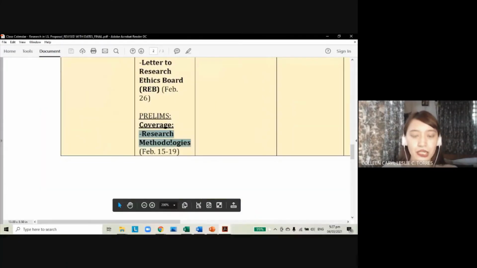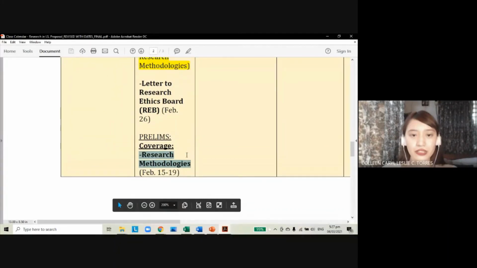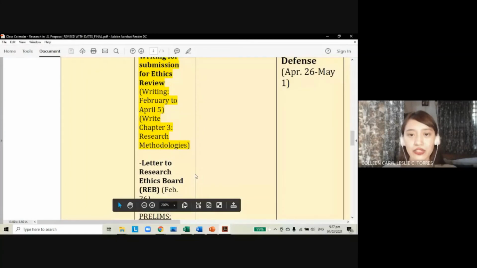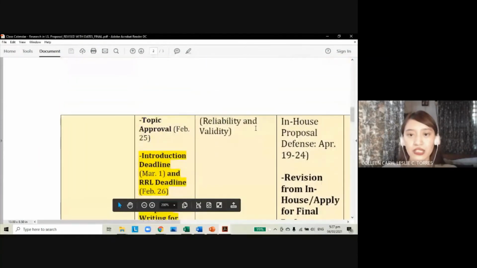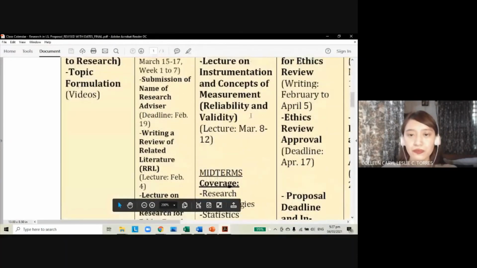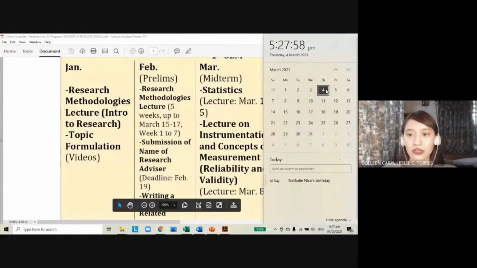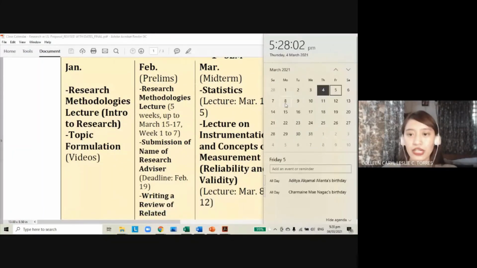We are just discussing research designs for this week and next week. So this topic has been moved to March. You see, look at the calendar. This has been moved to March 1, 4, and 8. And then statistics will be discussed on March 8.